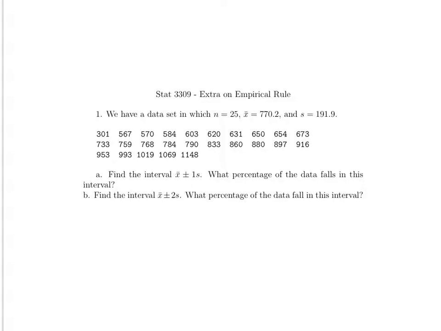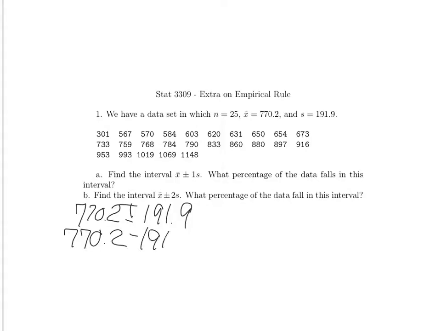So you're going to have 770.2 plus or minus 191.9, and you're going to subtract. So you'll have 770.2 minus 191.9, and you will get 578.3.